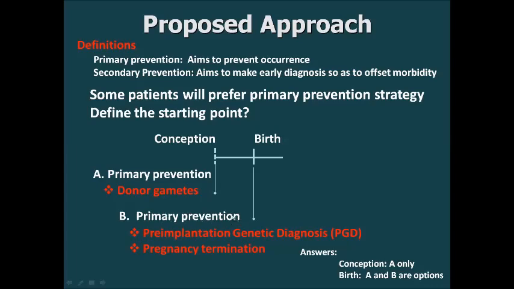And certainly primary prevention for these couples might be cases where the fetus is identified to be affected, again a 25% chance if both members of the couple are carriers of a condition, so pregnancy termination would be an option for those families. And again, this is the primary prevention model.